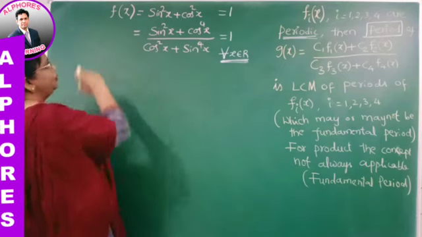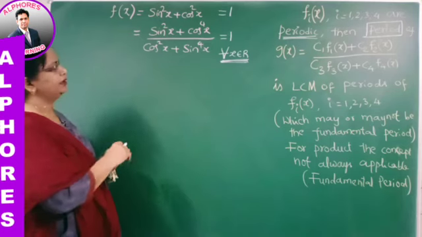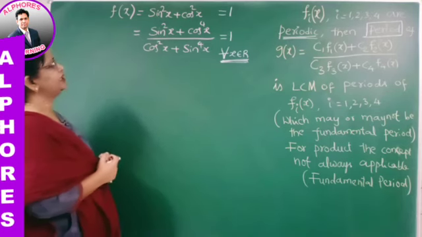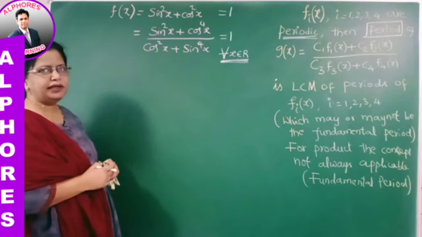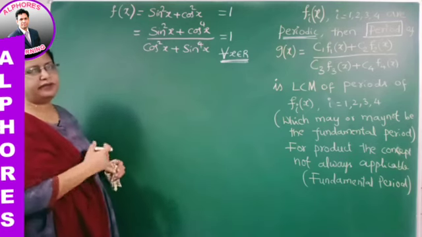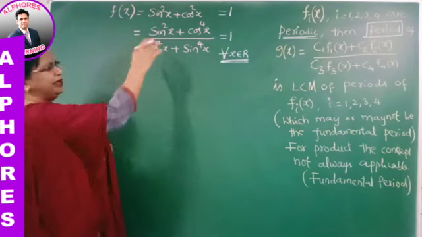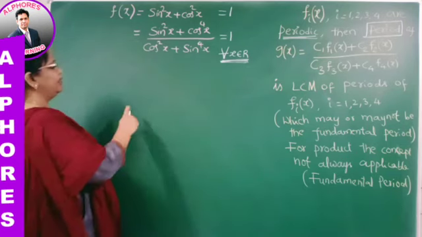Now what about the period of this kind of function? We observed this in previous sessions. The period can be any positive value, 1, 0.5, 0.3, whatever you consider, it is a period of this function. But what is the problem?